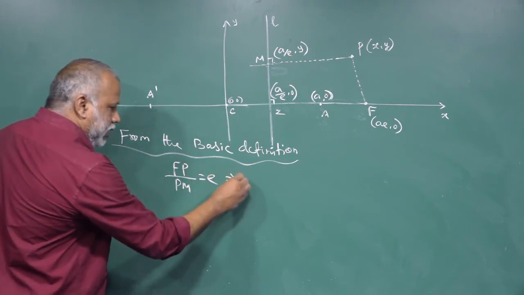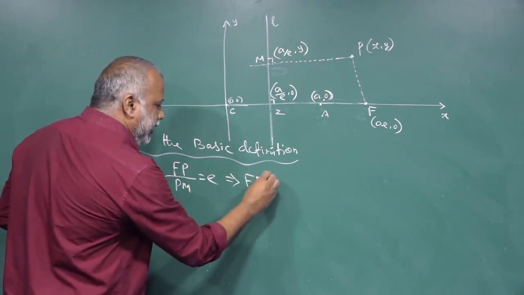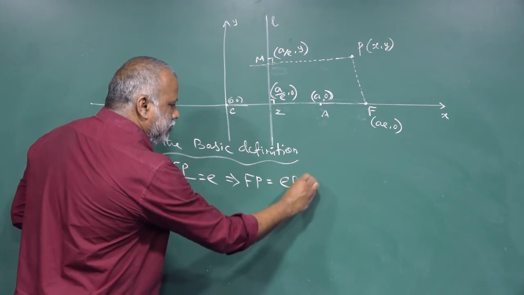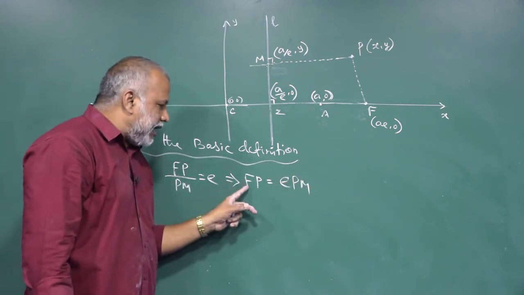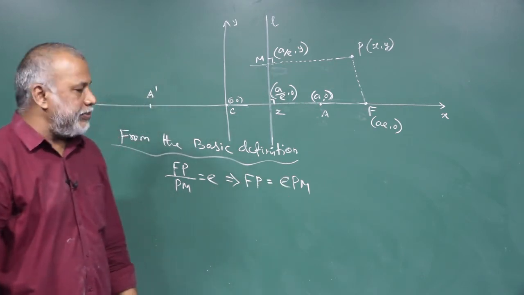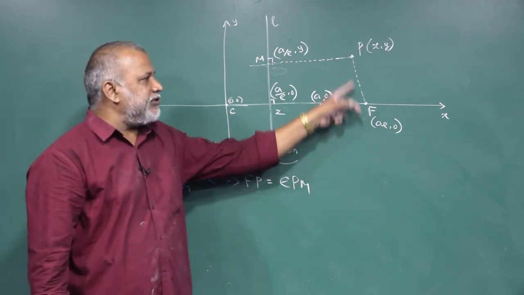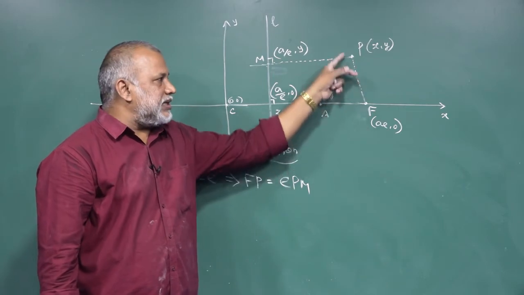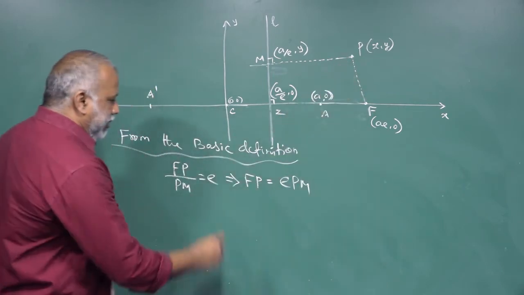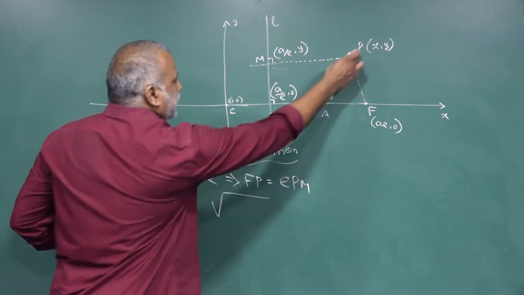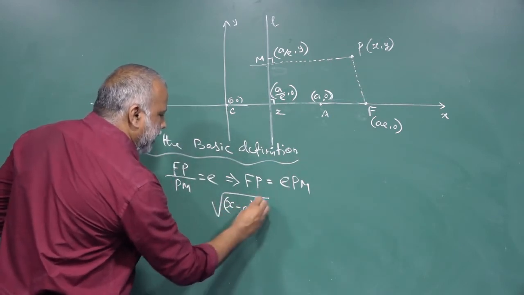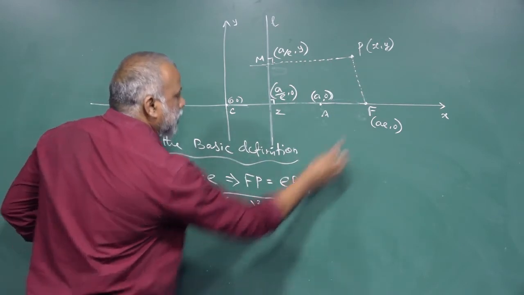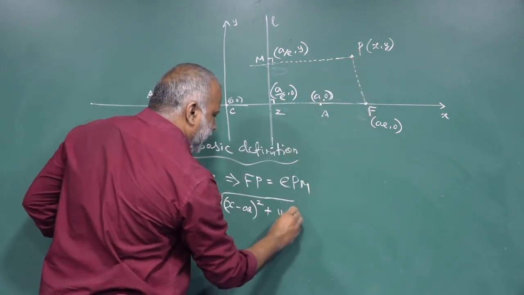So I can take FP equals e times PM. See here, what is the meaning of FP? It is nothing but the distance between 2 points. FP means square root of (x minus ae) the whole squared plus (y minus 0) the whole squared.